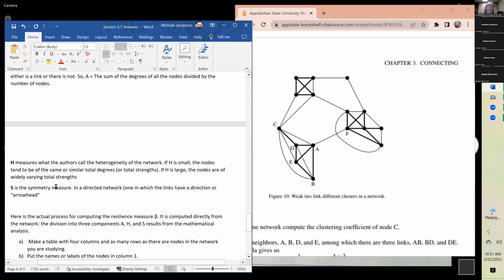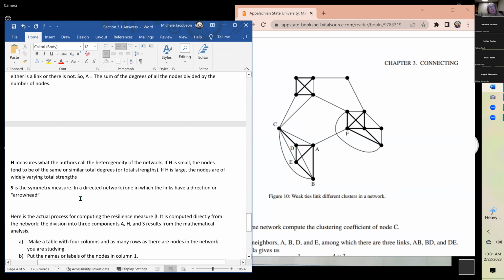H measures what the authors call the heterogeneity of the network. If H is small, the nodes tend to be in the same or similar total degrees of strength. So this one, it would not be small because we have a lot of weaker links or thinner lines.